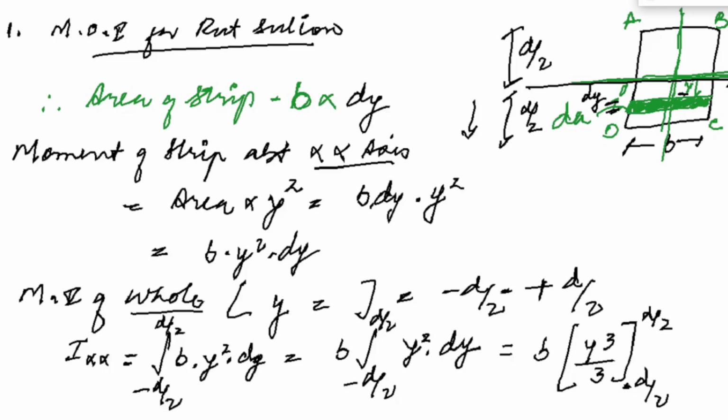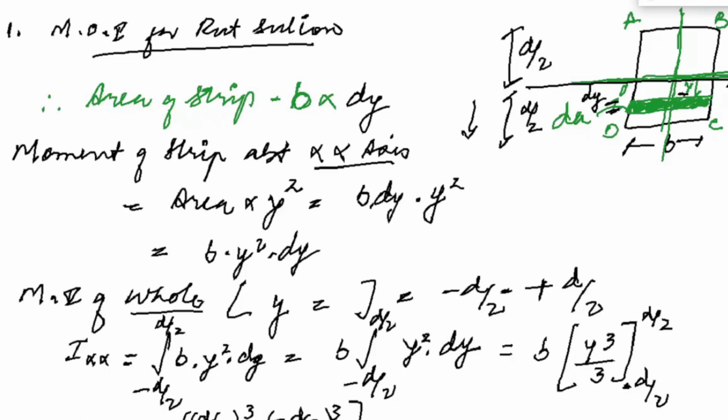Now giving the limits will give you Ixx, giving the value of y as d by 2 and minus d by 2. That means it will be equal to B times, bracket, d by 2 whole cube divided by 3, minus, minus d by 2 whole cube divided by 3, bracket close.